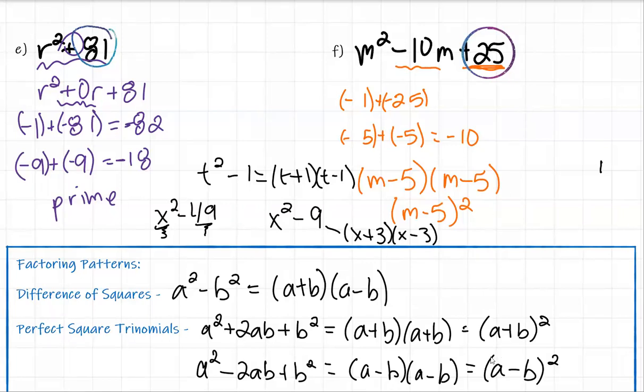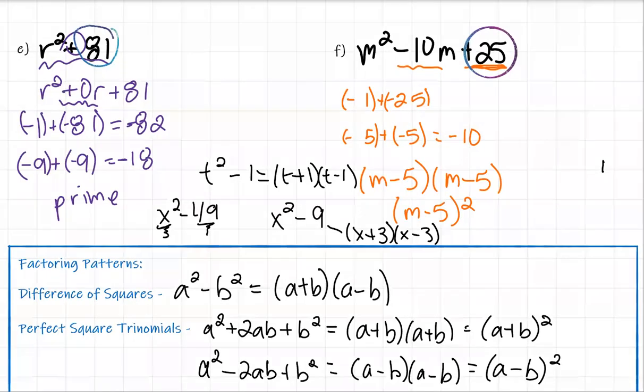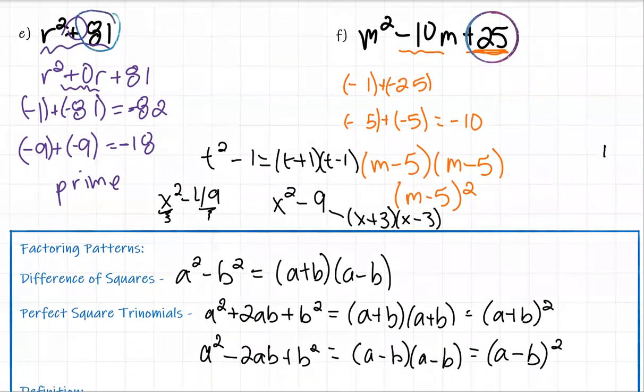All right, so that's the special patterns. Now, if you're looking at these patterns and it's making you go cross-eyed, there are too many letters to keep track of. You don't have to use these. These can be a little bit of a shortcut for those of us that are a little lazy and we understand how the patterns work.